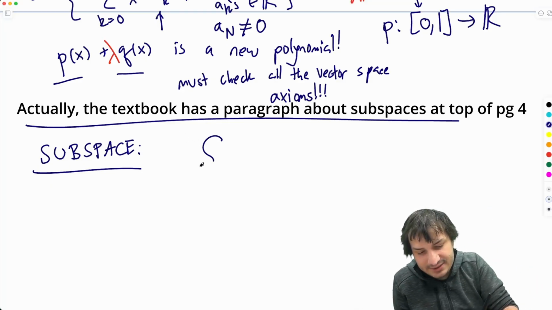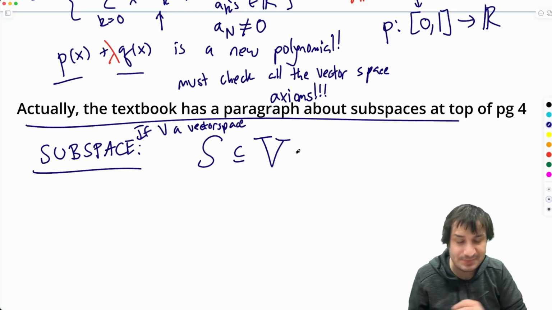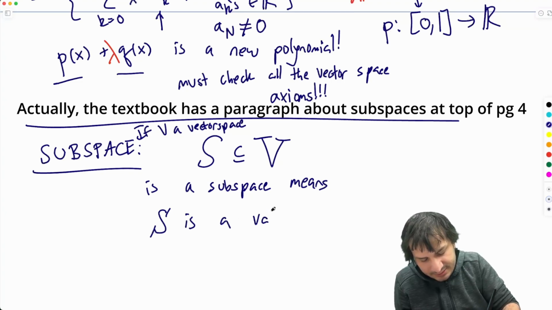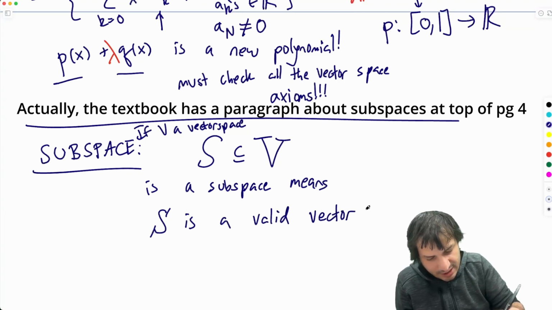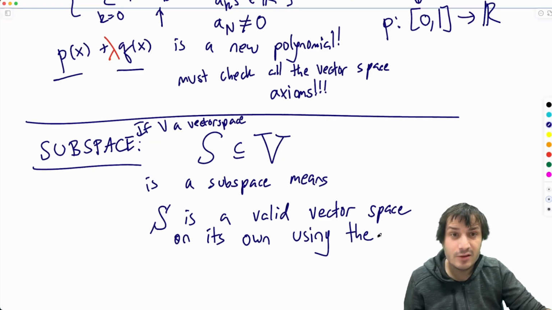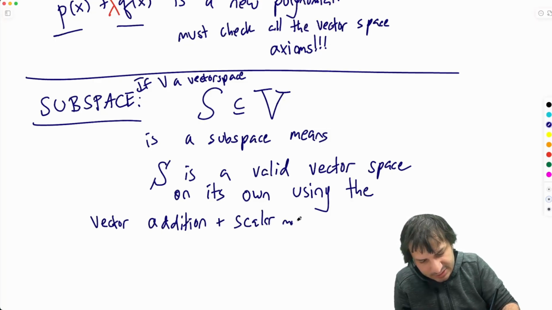So if V is a vector space, S a subset of V is a subspace means S is a valid vector space on its own, using the vector addition and scalar multiplication from V.